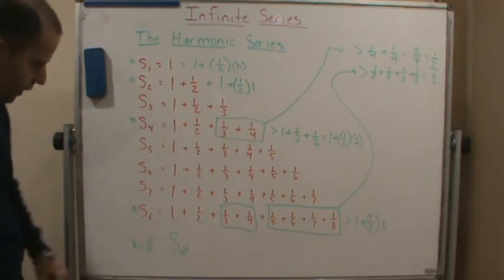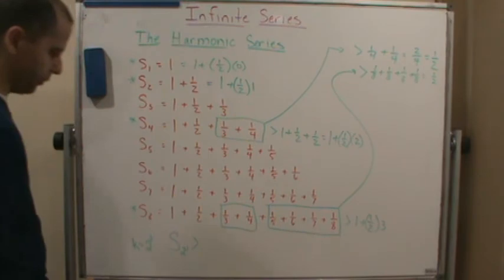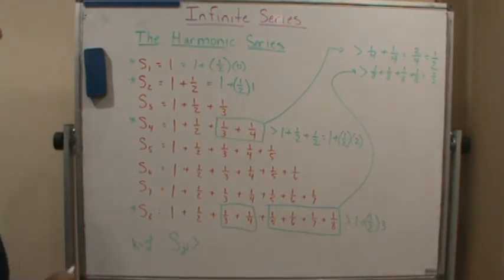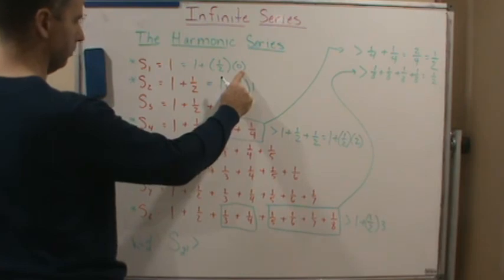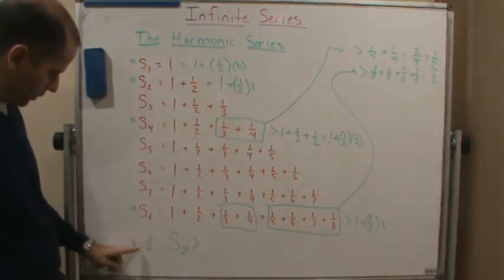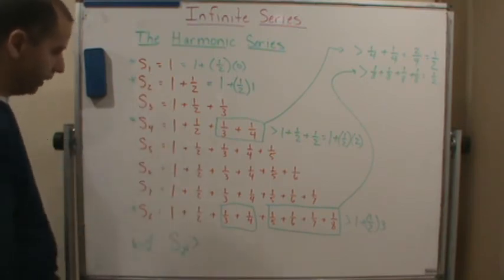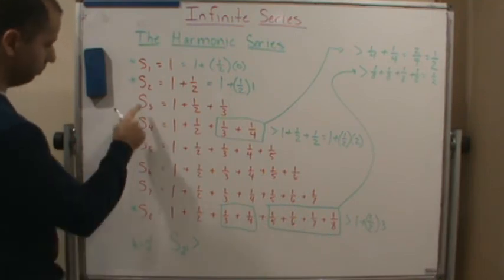S sub 2^j is going to be greater than what? If j is 0, that gives us k equals 1. If j is 1, we get 2.